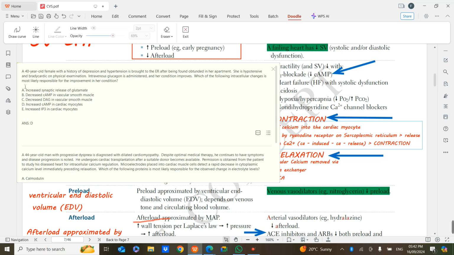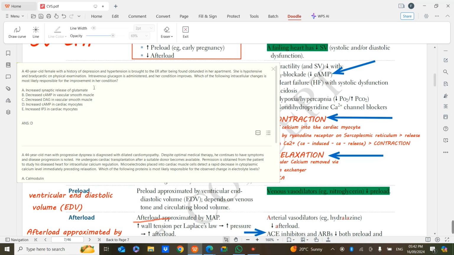A 40-year-old female with a history of depression and hypertension is brought to the emergency room after being found obtunded in her apartment. She's hypotensive and bradycardic. On physical examination, intravenous glucagon is administered, and her condition now improves. Which of the following intracellular changes is most likely responsible for the improvement in her condition?